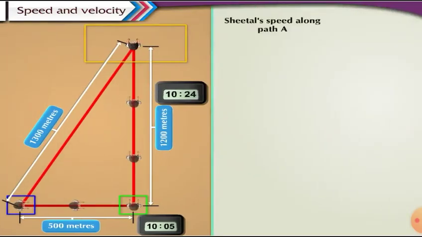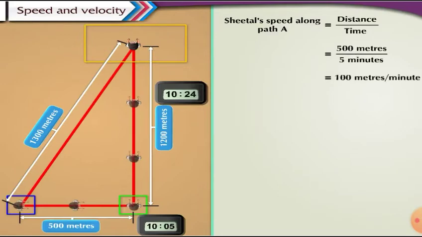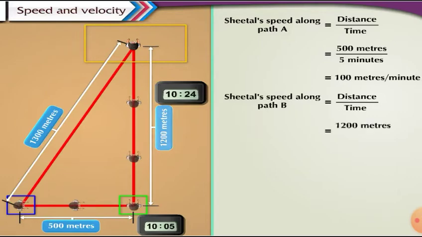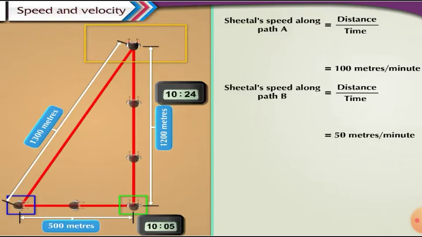Sheetal's speed along path A equals distance upon time equals 500 meters divided by 5 minutes equals 100 meters per minute. Sheetal's speed along path B equals distance upon time equals 1200 meters divided by 24 minutes equals 50 meters per minute.